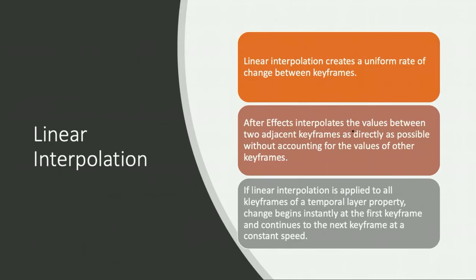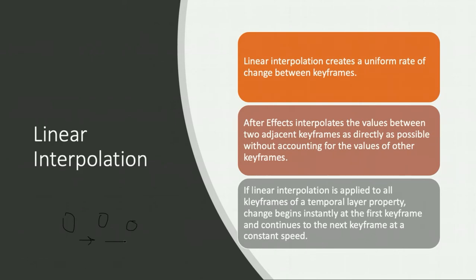After Effects interpolates the values between two adjacent keyframes as directly as possible without accounting for the values of other keyframes. If linear interpolation is applied to all keyframes of a temporal layer property, change begins instantly at the first keyframe and continues to the next keyframe at a constant speed. So a change from one keyframe to another will be equal.